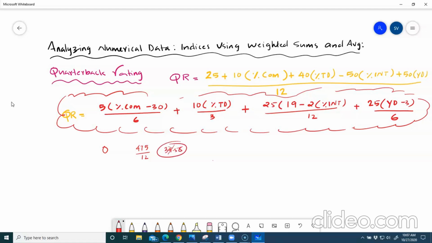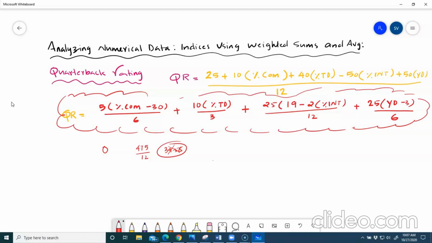You don't need to worry about this 39.58, but we can consider these two values, because in the coming problems we may need to use them: this is the lower boundary and this is the upper boundary. For calculation purposes, you don't need to put all your effort into this equation. You can use the simplified equation, because when you simplify this, you will directly get to this.